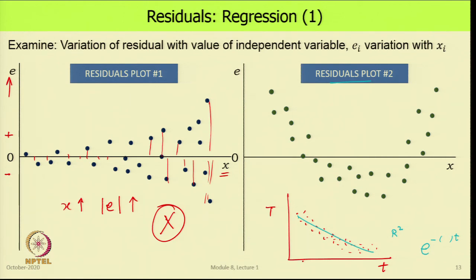So, if we change our regression from being a linear y equal to a plus b x, but take something that delta t is equal to something times e to the power minus something t and take log of that, then we will get a linear regression.